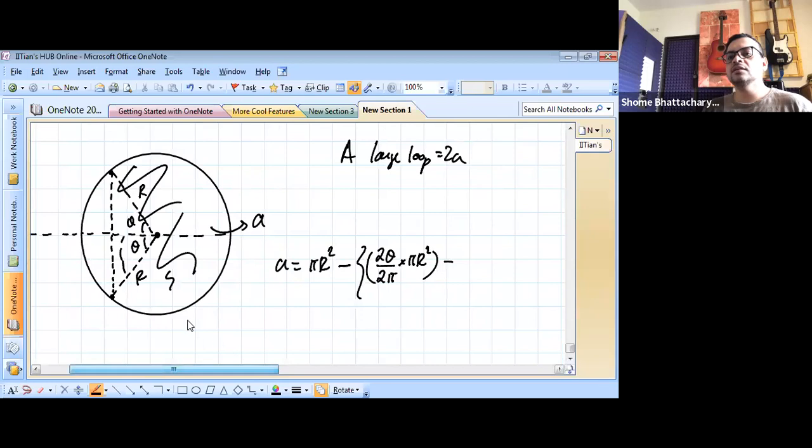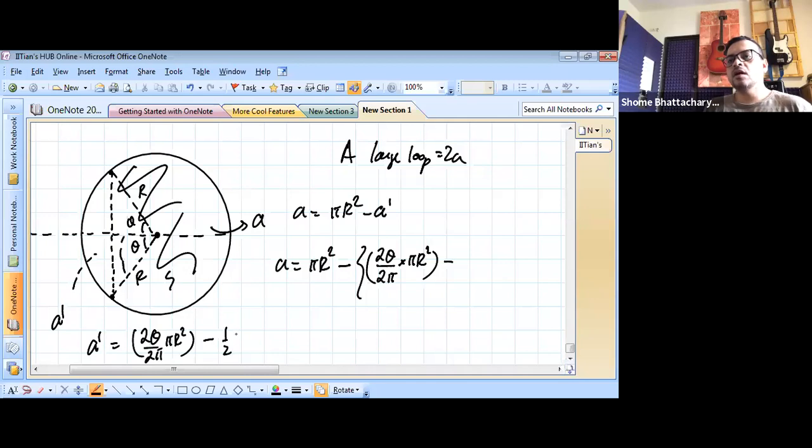Let's say this is A prime. So this A is equal to pi r square minus A prime. That A prime is the area of the whole sector, which is 2 theta upon 2 pi into pi r square, minus the area of the triangle. The area of the triangle will become half into base, which is r cos theta, into height, which is 2r sin theta.